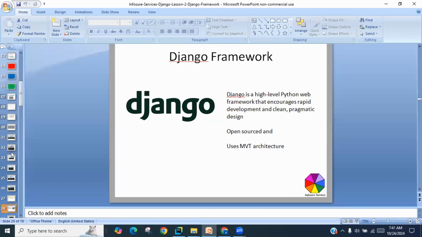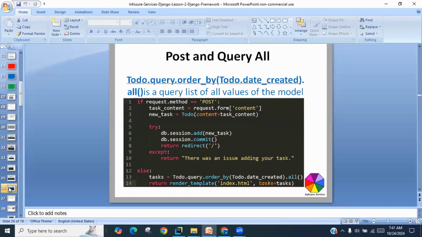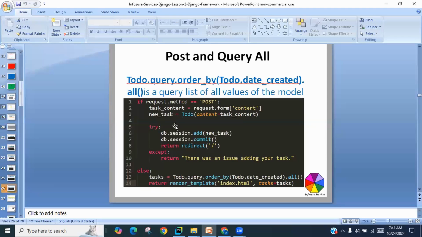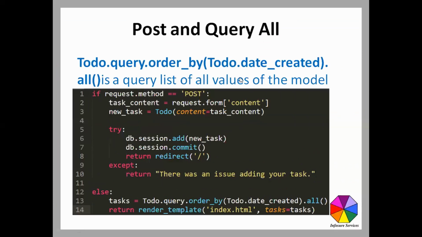Now I think view code can be extended, if you're seeing this particular fragment of code, for post and query. So post and get. The landing page is giving you all the blogs, all the records, right? So that has to be coded inside the view with this approach. I can check if request.method equals post.